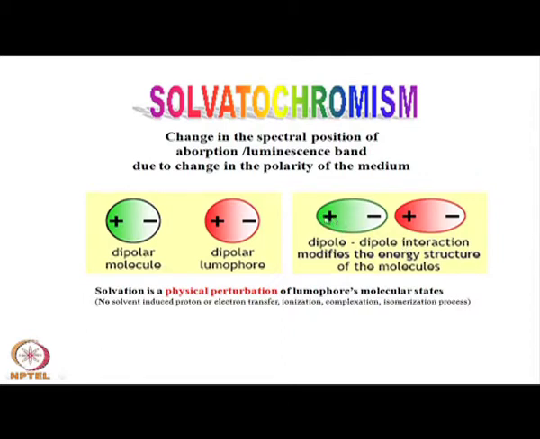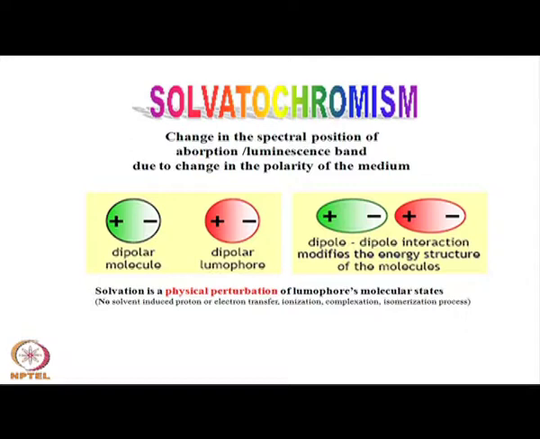You have this dipole, you have another dipole, so there is an interaction. As a result of this interaction, the energy level of the molecule in question is getting modified, and that is the reason for solvatochromism. That is, your actual energy level is getting affected as a result of this dipole interaction, or interaction with the solvent.